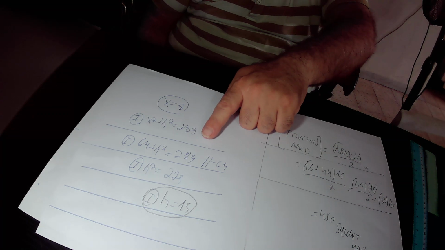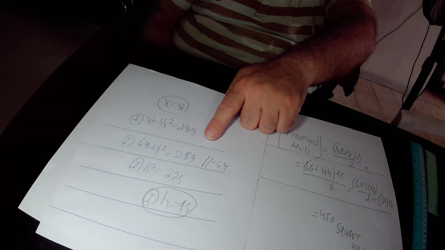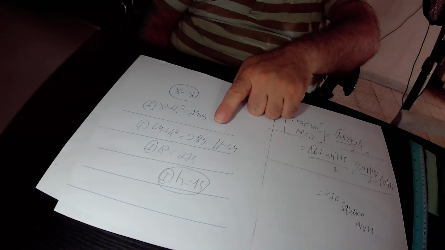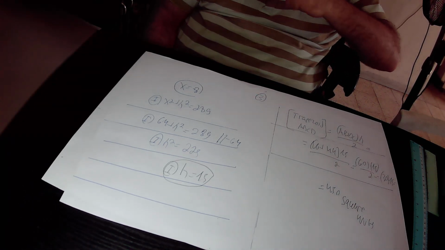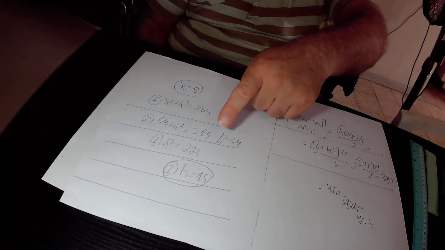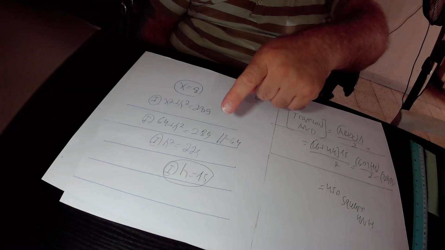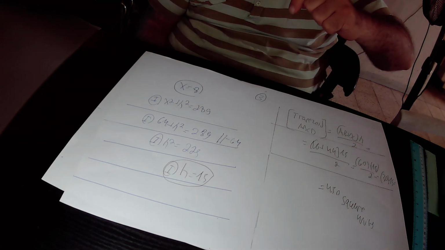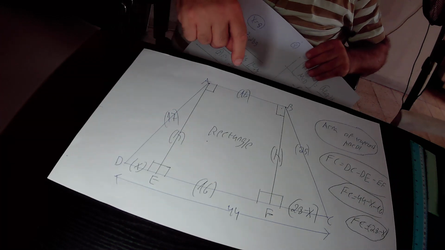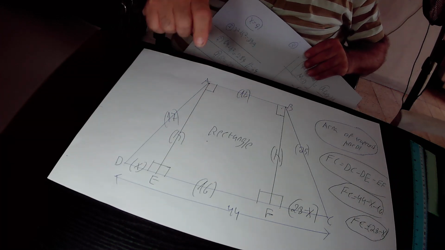Here we subtracted 64 from equation 1, and finally found that h squared equals 289 minus 64, which is 225. Here we took the root of this equation, and found that h equals the square root of 225. The square root of 225 is 15. So in total we found that h, that is the height of trapezoid ABCD, is equal to 15 units in length.